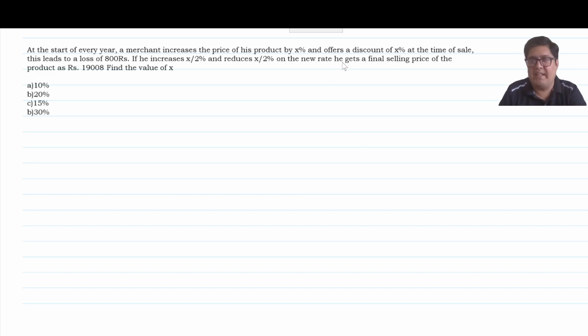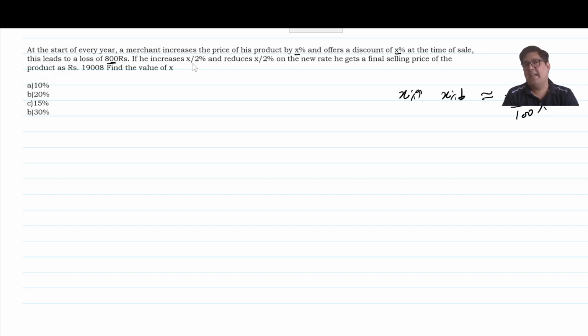Before I start solving this, you are supposed to be aware of this. When anything is increased by X percentages and decreased by X percentages, there is always a loss of X square upon 100 percentages. Here, it is increasing by X percentage and decreasing by X percentage, and because of this there has been a loss of 800 rupees.